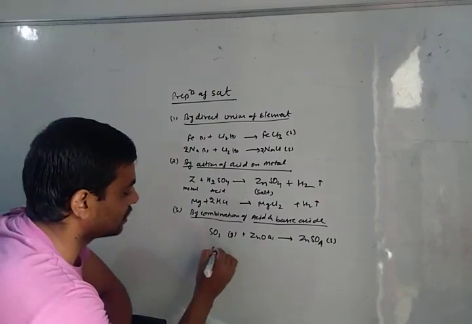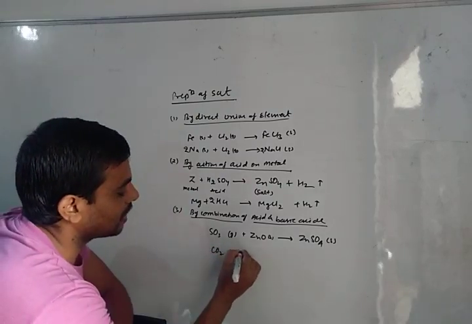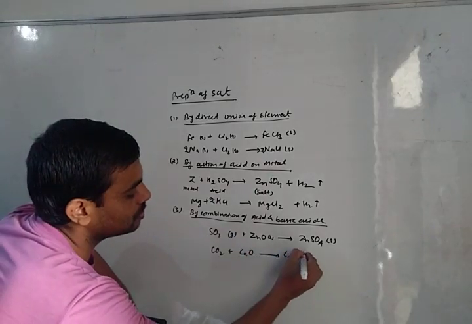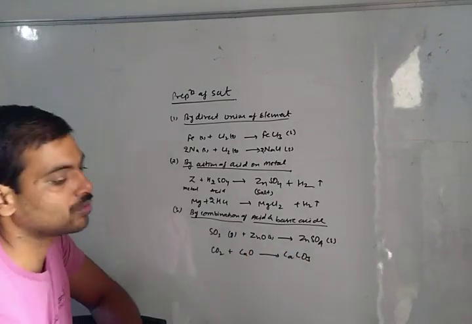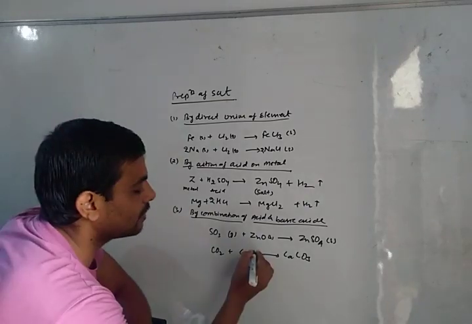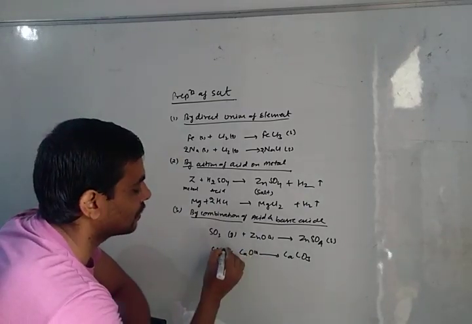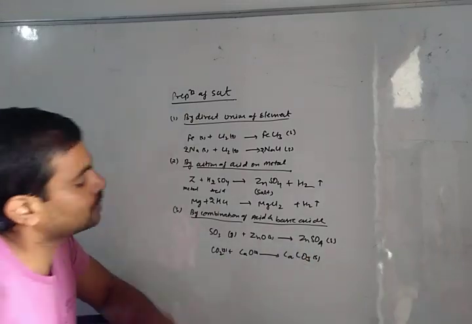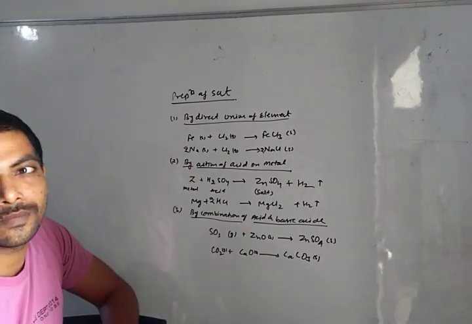Another example is CO2 combined with CaO, calcium oxide, which forms CaCO3. This is calcium carbonate, again a salt of the carbonate family. So when acidic and basic oxides combine together, they again form salt.